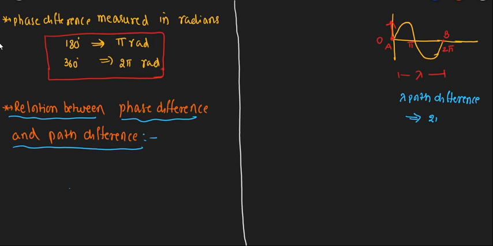Lambda is one wave. Lambda path difference is equal to 2 pi phase difference. Okay, right, this you should remember.